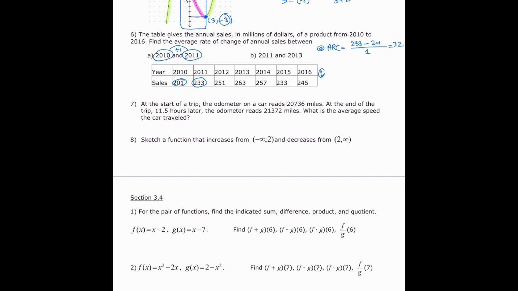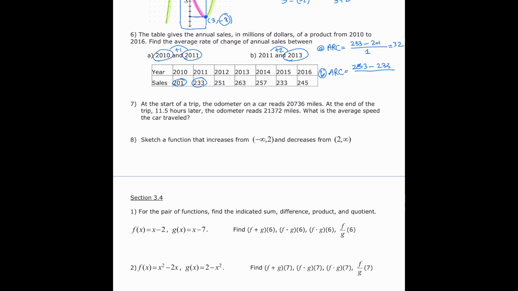For B, we need to find the average rate of change from 2011 to 2013. So we're going to say the sales from 2013 is 263, and then the sales from 2011 is 233, over the difference between the years, 2013 minus 2011, which is 2.